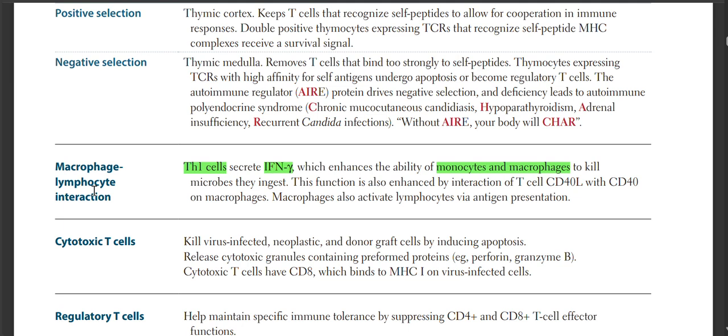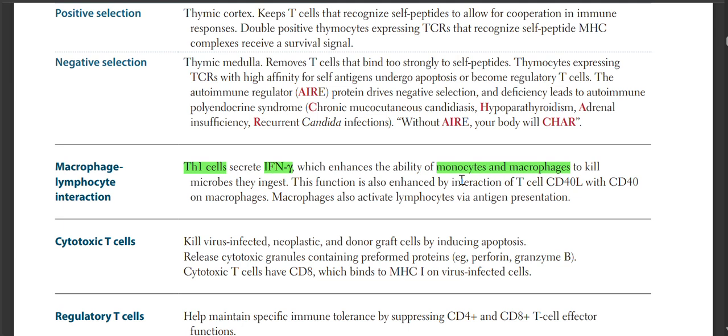In the alveoli, the macrophages are called dust cells. Yep. So these Th1 cells secrete interferon gamma, and this interferon gamma then activates the macrophages and monocytes. They're the same thing.